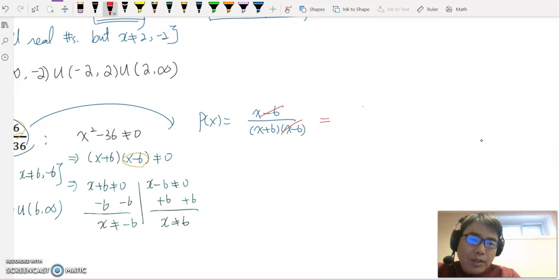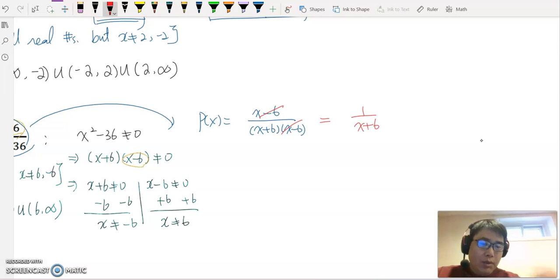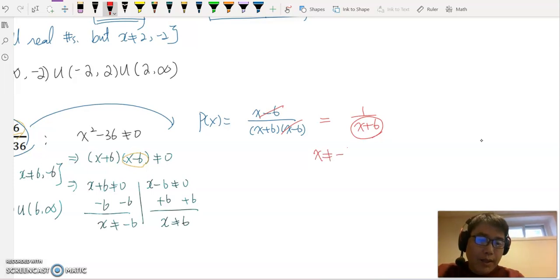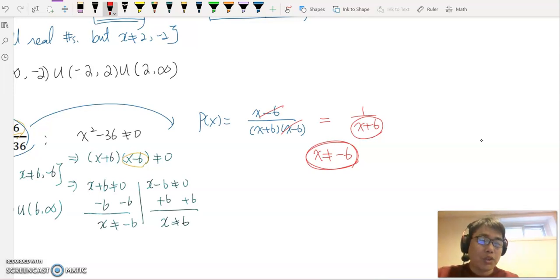So we can rewrite this as 1 over x plus 6, right? So you may think only this is our limitation value. So x cannot be negative 6 is the only restriction, but that's not true. Okay? Even though we have the same factor between numerator and denominator, because it was located in the denominator already, you shouldn't care about this.